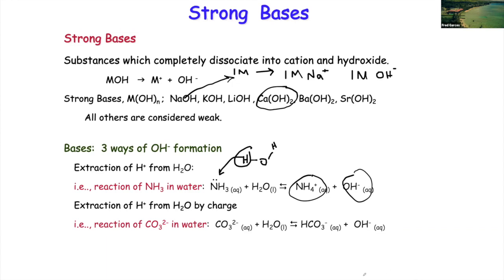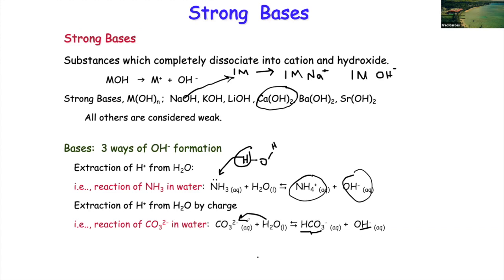And here's a second example in which the carbonate reacts with water to form bicarbonate. This chemical is called bicarbonate. And then you also get hydroxide. You notice that the hydrogen in water is what is donated to that carbonate ion, and so what's left over is the hydroxide.